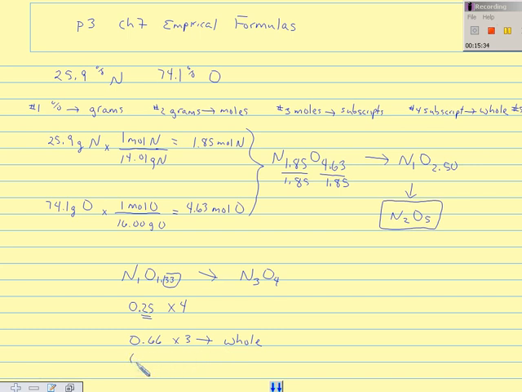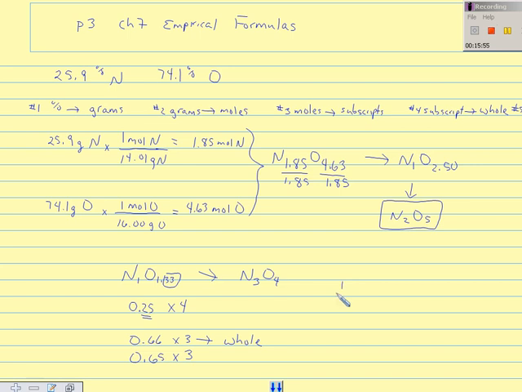Now let's say that you had 0.65. Remember, this is experimental problems. So the 6.5 is pretty darn close to 6.6. So go ahead and multiply by a 3 again on that one. And you'll end up getting to whole numbers.